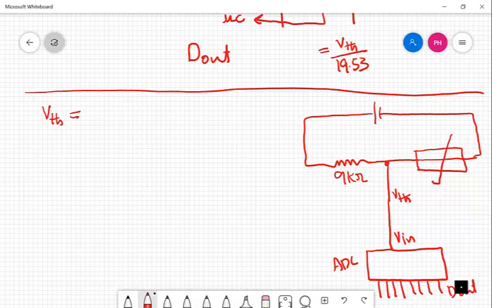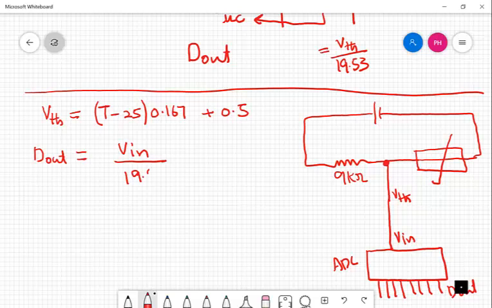So this voltage VTH is equal to, as we have already calculated, temperature T minus 25 multiplied by 0.167 plus 0.5, and D out equals V in divided by 19.53, or we can also write V in equals D out multiplied by 19.53.